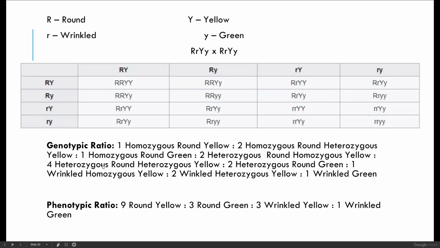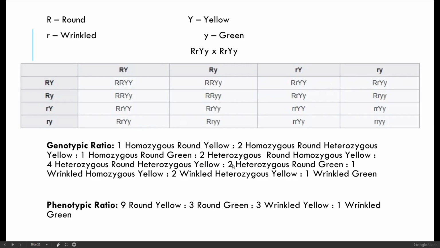Four heterozygous round and heterozygous yellow. So one, two, please follow my cursor, three, four. These are all heterozygous, right? Yes. Okay.